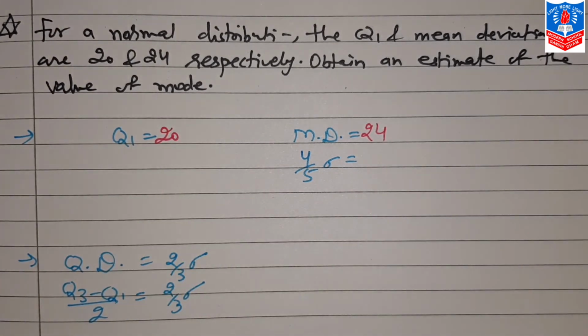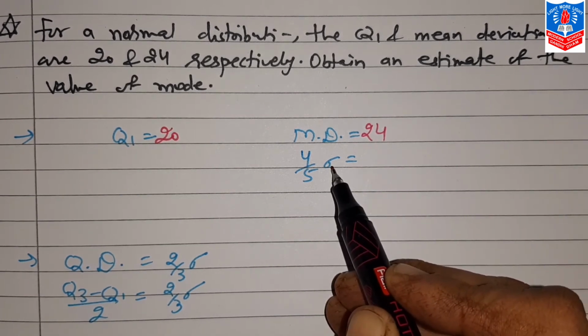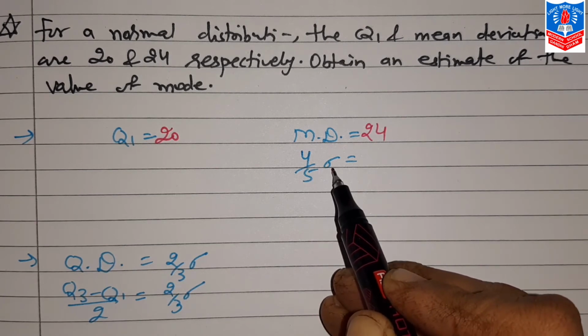Now you know, just now we discussed that mean, median and mode, these three are the same. That means if we know the value of mean, we can find the mode very easily because it is the same. So first, from the mean deviation, we can find the value of sigma. How? The formula of mean deviation is 4 by 5 sigma.